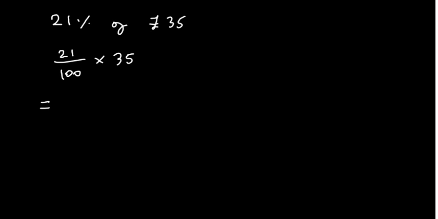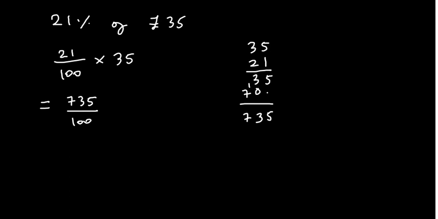So 35 times 21, so carry the 1, just put that here, and then that would become 7. So that would be 735, and then we just divide that by 100. So 735 over 100, and that gives £7 and 35 pence.